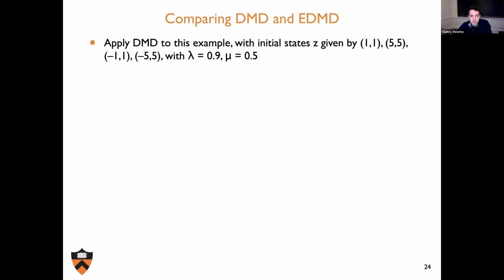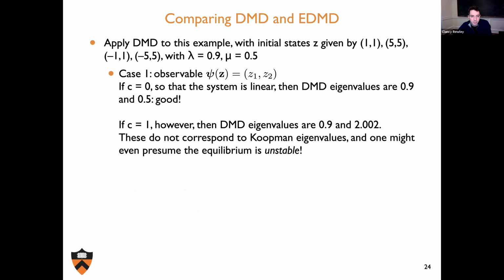Okay, so let's apply DMD to this example. Let's take only 4 data points, some initial states, and there's the values of lambda and mu that we'll use. Well, if we apply EDMD with this, we need to say what we're going to measure. So let's say we observe here Z1 and Z2, the full state. Okay, and we'll apply DMD to this, or extended DMD to this.